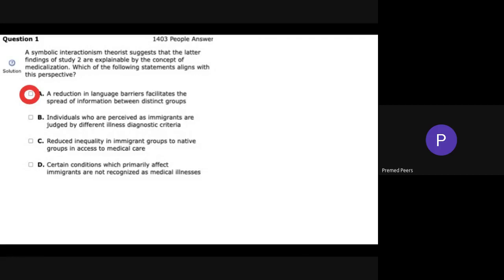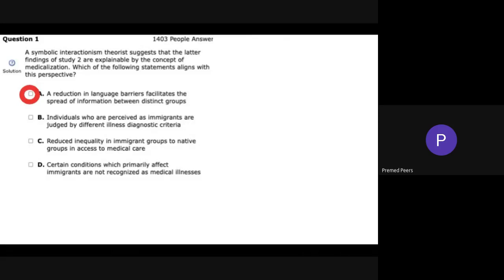So here it's relevant because language barriers prevent the LEP individuals from understanding that mental health is an issue that needs to be addressed.